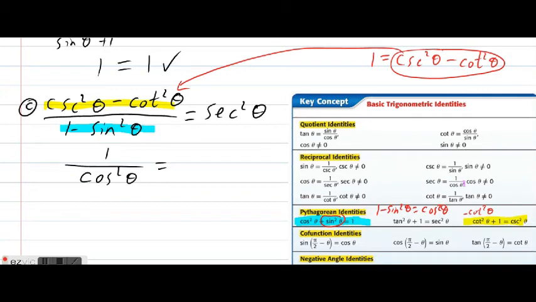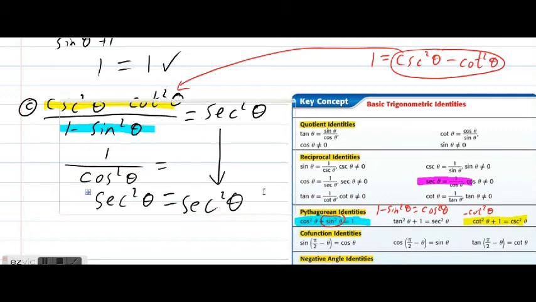Last but not least, 1 over cosine is just equal to secant. Well, since it's squared, it's just going to be secant squared of theta, not cosecant, sorry. That is exactly what we were trying to prove, secant squared of theta.